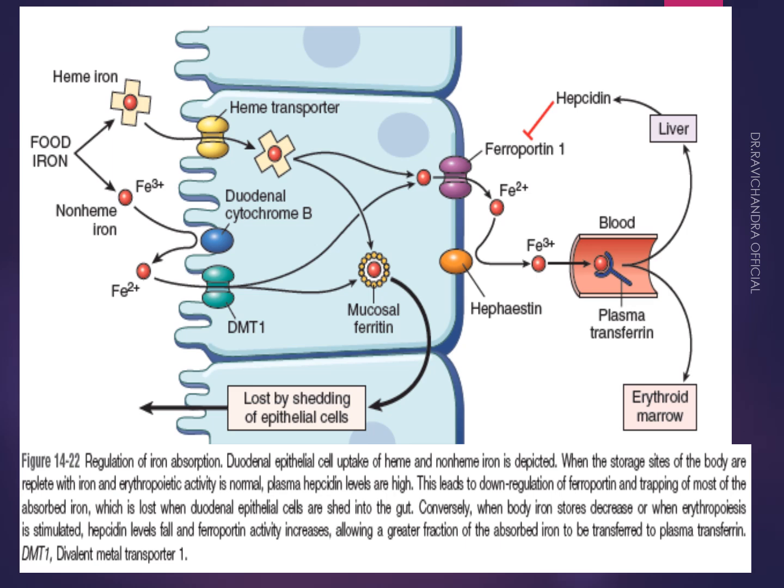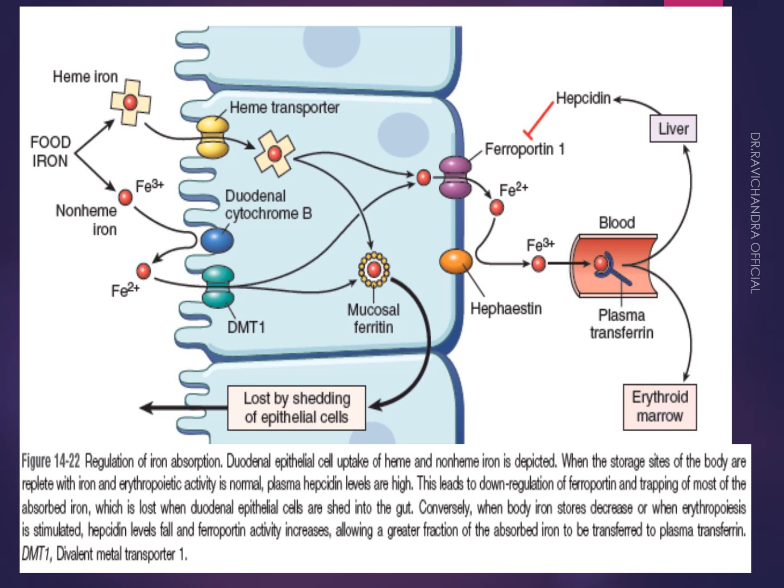When there is depleted iron and erythropoietic activity is disturbed, these plasma hepcidin levels are low. That is indirectly proportional: hepcidin and iron storage sites.